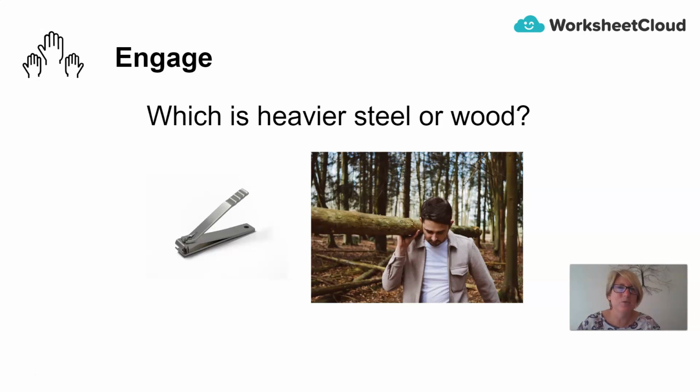What is important when we move into this section of work is that we put things into context and we learn to read the questions really carefully and think about what is being asked. So which is heavier, steel or wood? At no point in time did I actually tell you how much steel you had or how much wood you had. Because I think if I asked you to tell me which was heavier between a pair of nail clippers and a log of wood, I'm sure you may have changed your answer and altered your thinking.